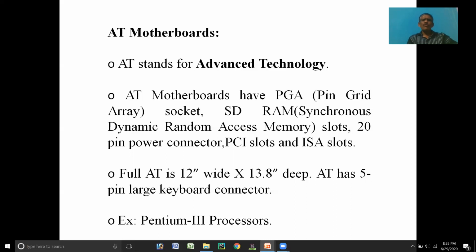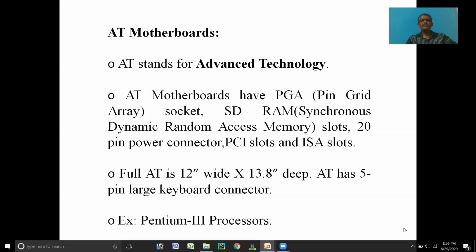The full size of AT motherboards is 12 inches wide by 13.8 inches deep. And the example for AT motherboards is Pentium 3 processors. This is about AT motherboard.